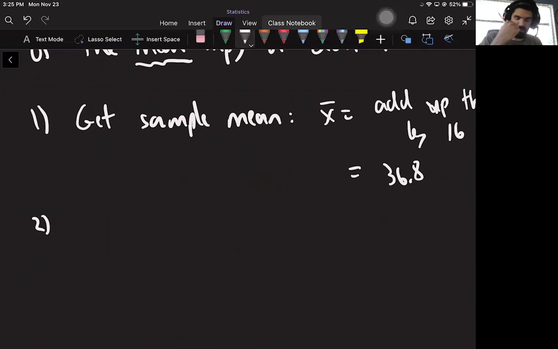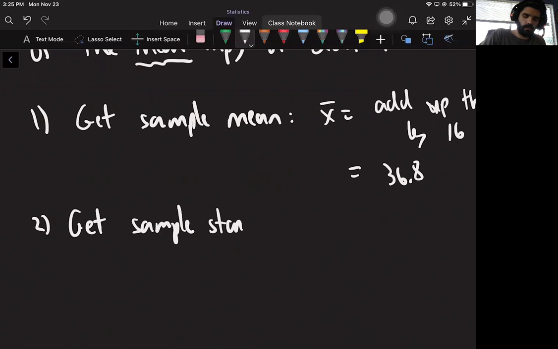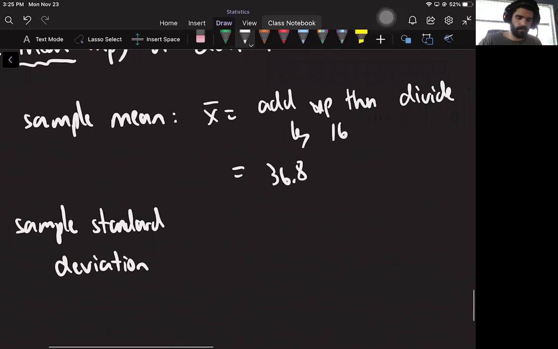And now we need the sample standard deviation. I warned you at the beginning that this is a little bit different from the regular standard deviation. The standard deviation we learned how to calculate a long time ago was for populations, but it's a little bit different for samples.